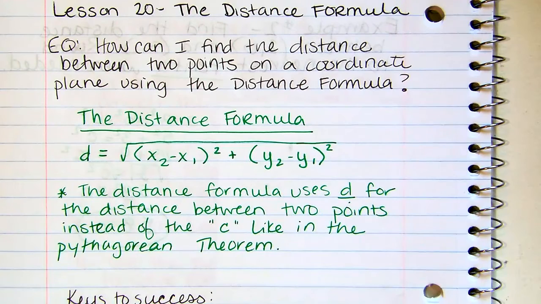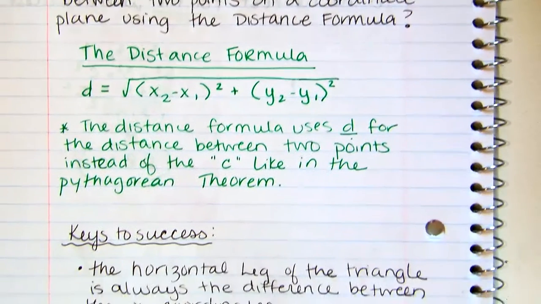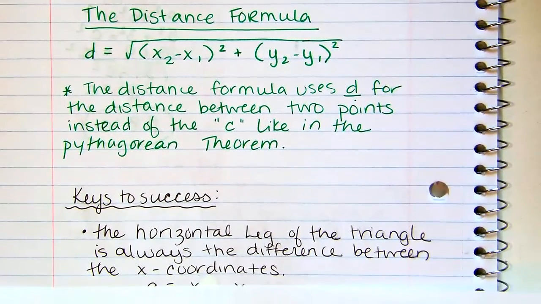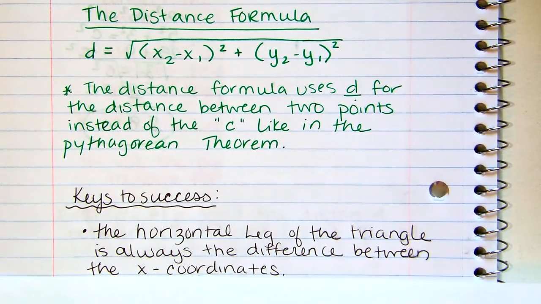When we talk about some keys to success in using the distance formula, the first thing that we want to make sure of is that the horizontal leg of the triangle is always the difference between our x coordinates.